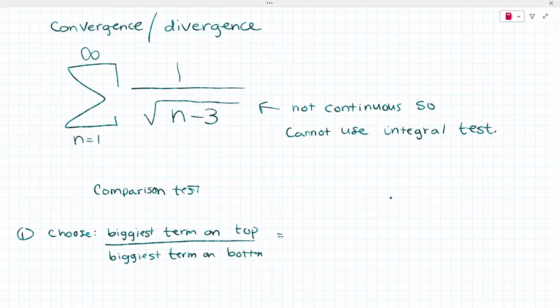The biggest term on the top is 1, and the biggest term on the bottom is square root of n, which is going to be 1 over square root of n, and square root of n is the same thing as n to the 1/2. So you can rewrite this as 1 over n to the 1/2.